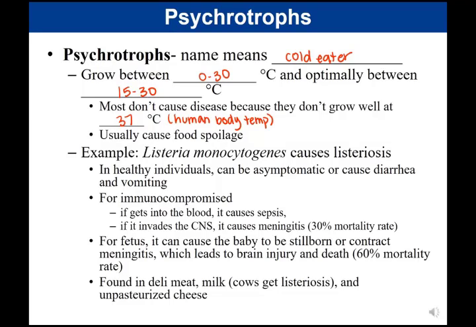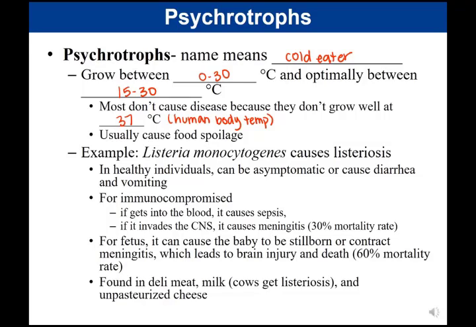It causes bloodborne infection. If it invades the central nervous system in patients who are immunocompromised, it can cause meningitis. And if it causes meningitis, it has about a 30% mortality rate.